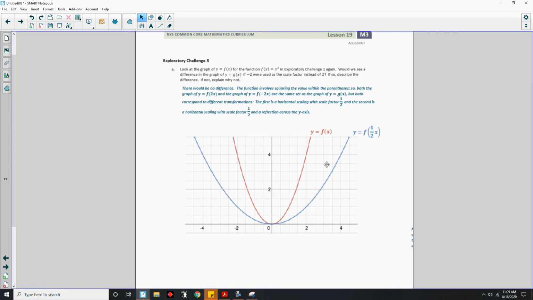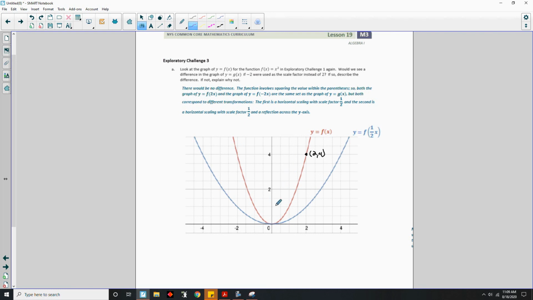So let me explain that a little bit. Let's pick a point on f of x. How about right here? This is the point 2, 4. So what they're saying is if we took f of 2x, it would grow twice as fast, and it would, let me use purple.